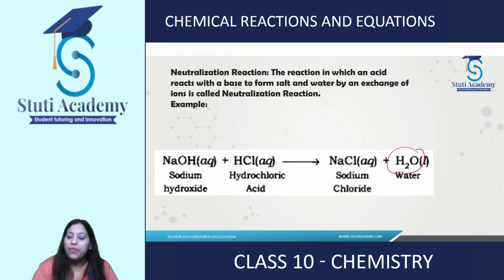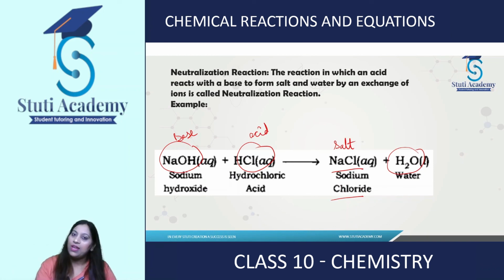An example of such kind of reaction is when sodium hydroxide reacts with hydrochloric acid, it results in the formation of sodium chloride, which is salt, and water is left behind. And here sodium hydroxide is a base and this is an acid. So when acid and bases combine together, it results in the formation of salt and water is left behind. And this kind of reaction is known as neutralization reaction.